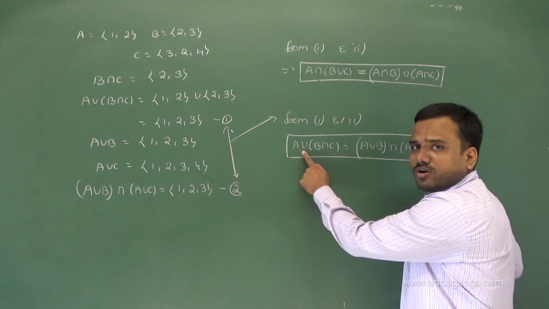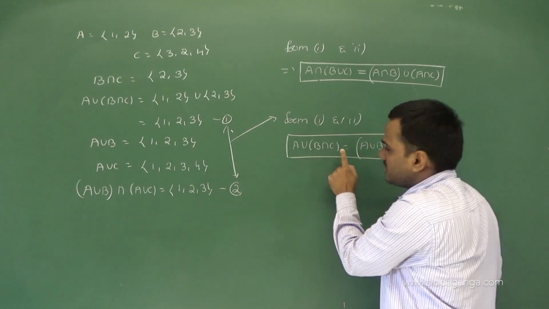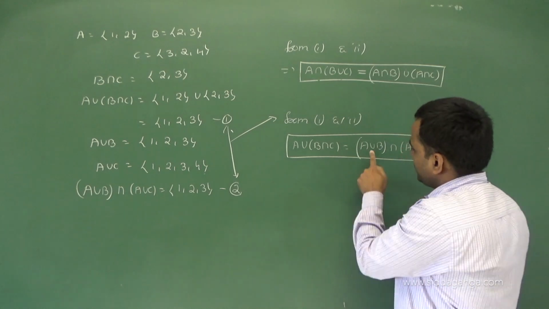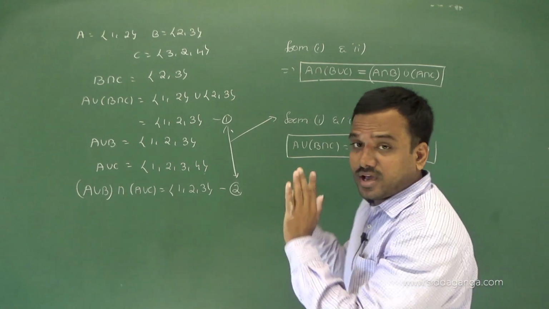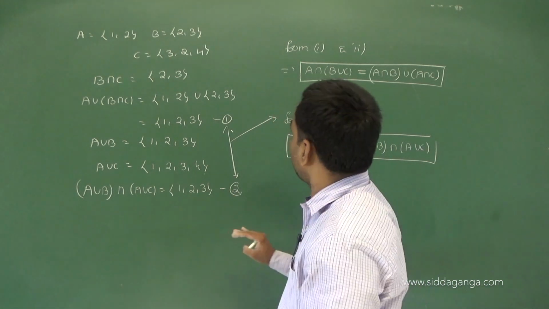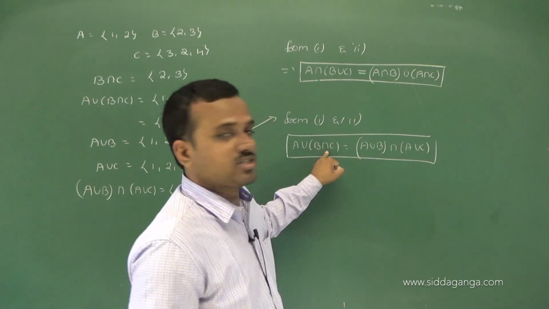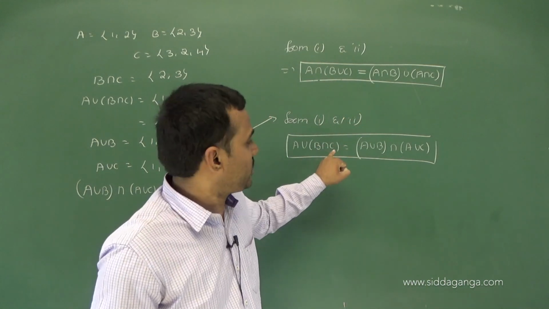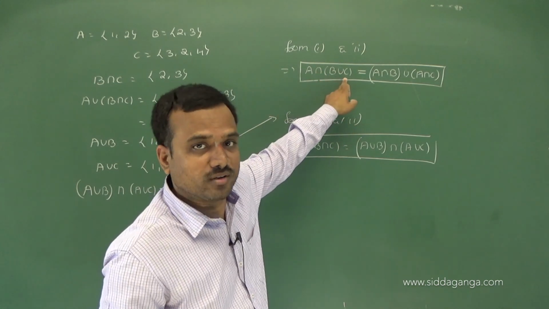A union of B intersection C is equal to what? A union B intersection A union C. It may ask 3-mark questions in your examination: verify distributive law, union over intersection or intersection over union.